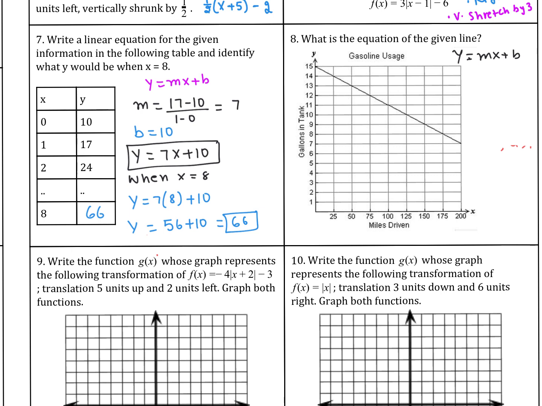So it's going to be down 1 over 25, so -1/25. The y-intercept is (0, 15). So it's going to be -1/25 x plus 15.